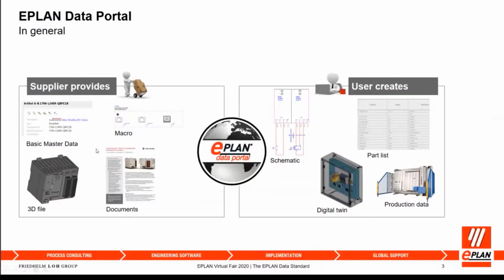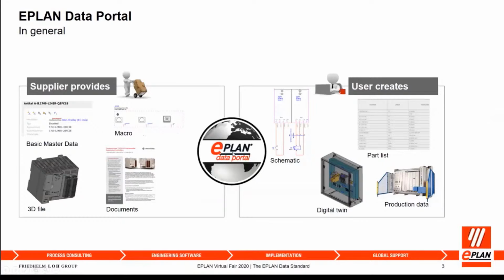The manufacturers can provide their component-related data in the data portal. This is basically basic data like part numbers and product descriptions. It can be 3D files of the components, documents like the data sheet, and especially the functional representation in the schematics. This is the so-called ePlan macro.